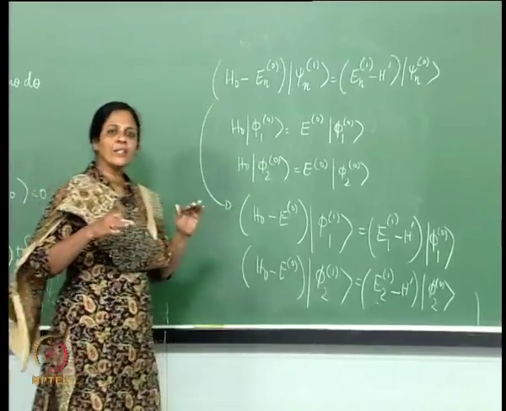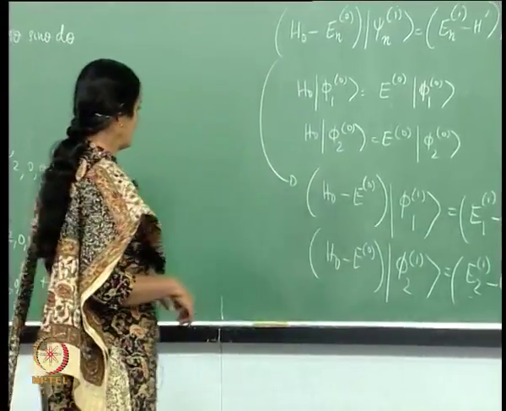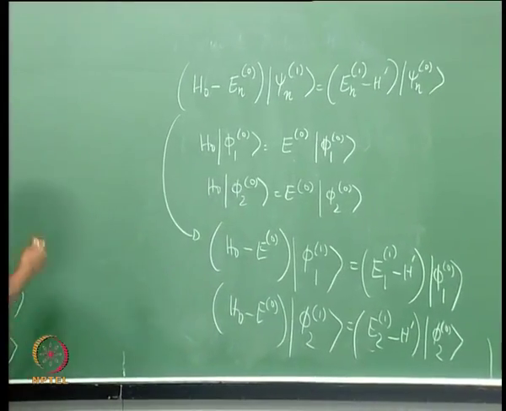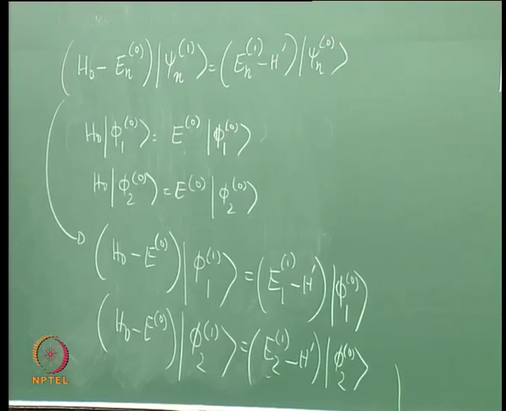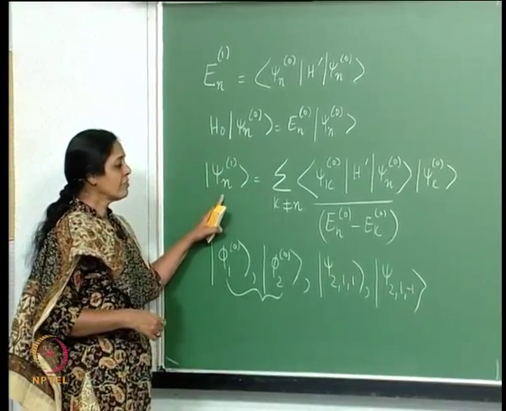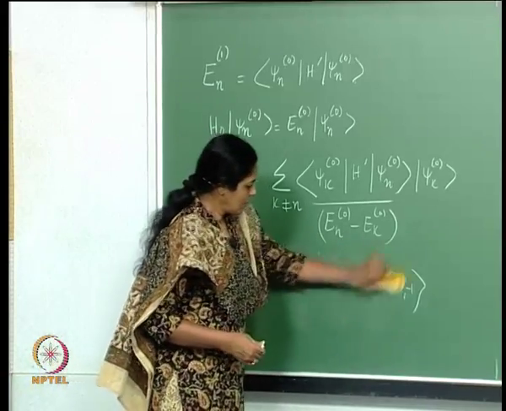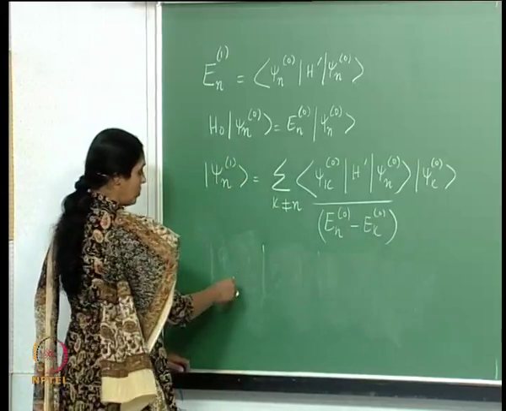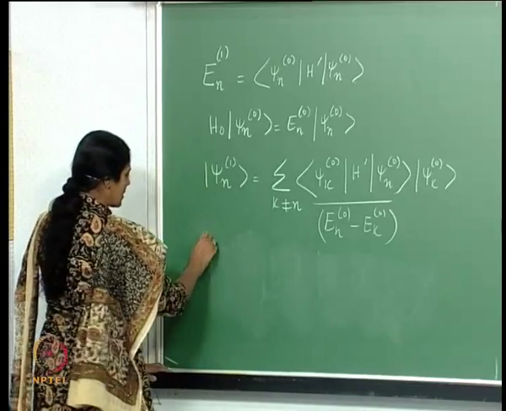So, I am really working in a 2-dimensional subspace of the original space. A crucial input would be this: what would be the first order contribution to the wave function? Well, we are not going to worry about psi 2 1 1 and psi 2 1 minus 1 anymore. We are merely going to look at the 2-dimensional subspace.